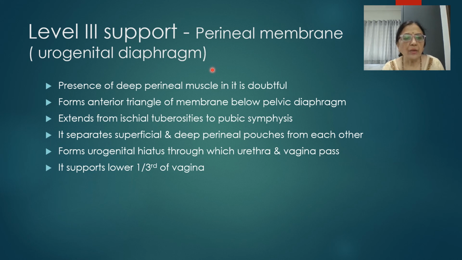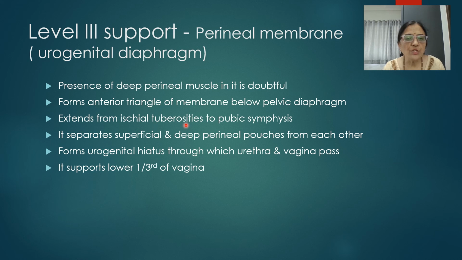This perineal membrane forms the anterior triangle of a membrane which is present below the pelvic diaphragm. So below the levator muscles, we have this membranous structure which is present mainly in the anterior part of the perineum, forming the anterior triangle with a membrane-like structure. So a fibrous structure is there.